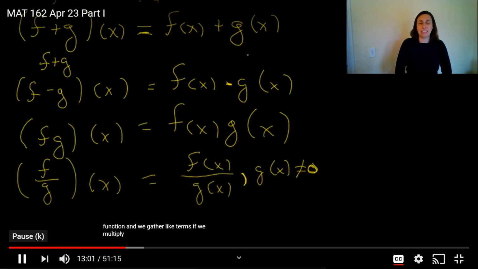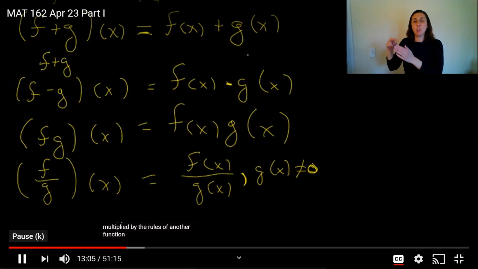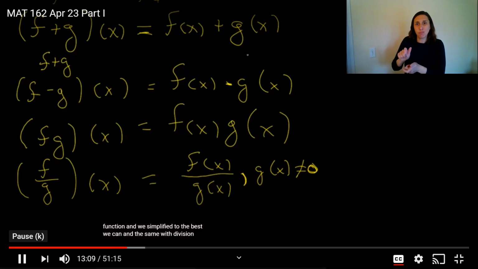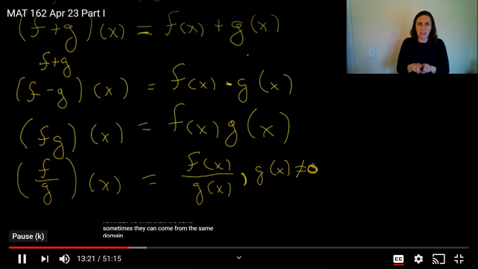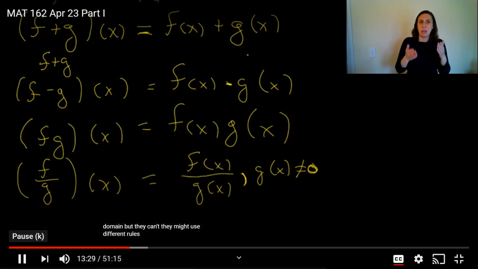If we multiply, the rules of one function are multiplied by the rules of another function, and we simplify to the best we can. And the same with division. The key here is all of these functions have to exist on the same domain. That does not mean we write them the same. Sometimes they can come from the same domain, but they might use different rule symbols.